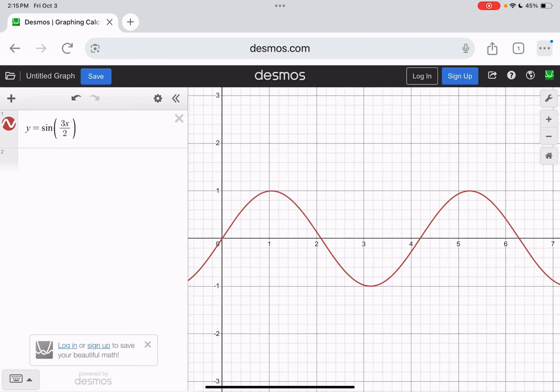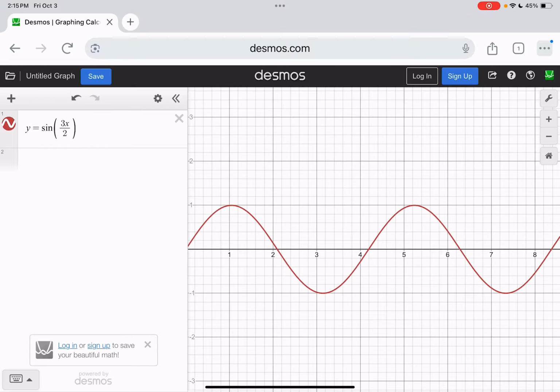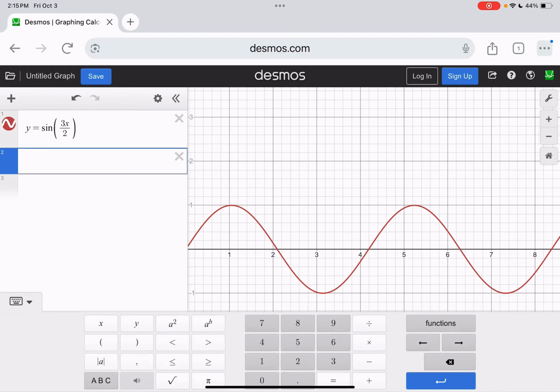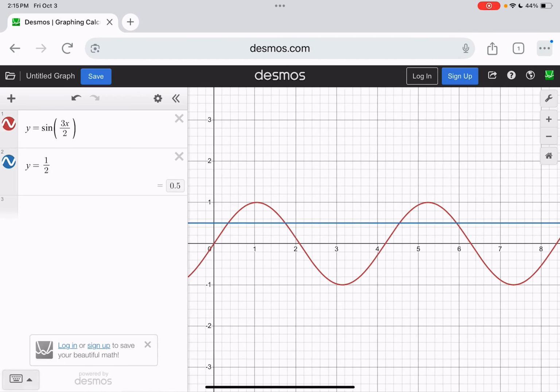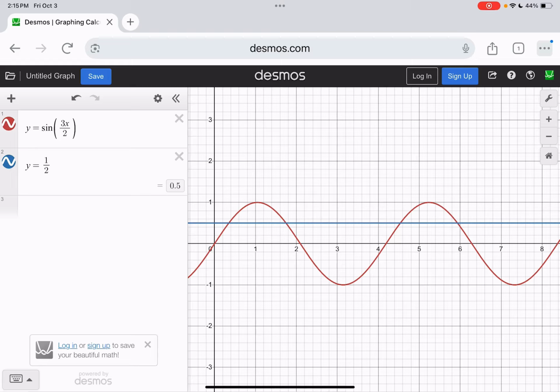And I want just from 0 to 2 pi. Pi, remember, is 3.14, so it's something between 0 and 6. I want to figure out where sine of 3x over 2 is a half. So if I also graph y equals a half, we can go ahead and see that between 0 and a little more than 6, there are 4 solutions.